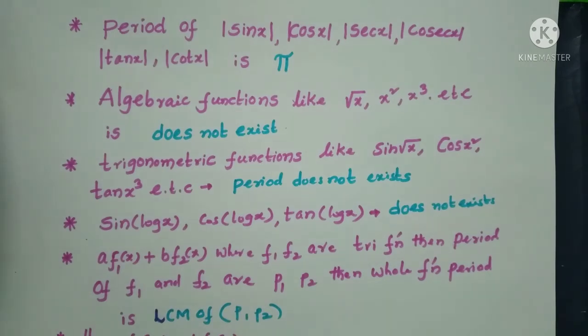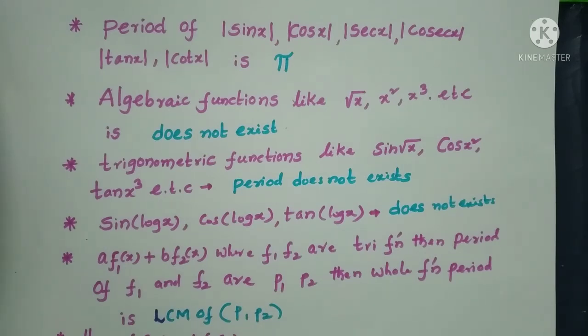Next, the period of mod sin x, mod cos x, mod secant x, mod cosecant x, mod tan x, mod cot x, meaning all trigonometric ratios with mod, gives the period pi only.